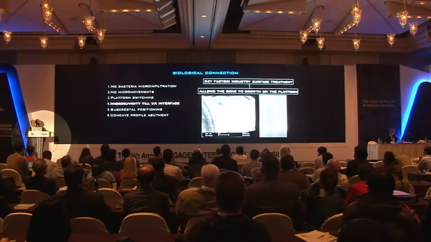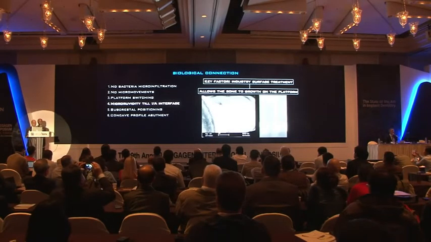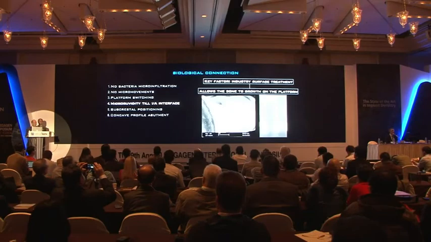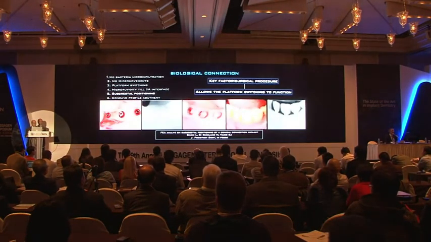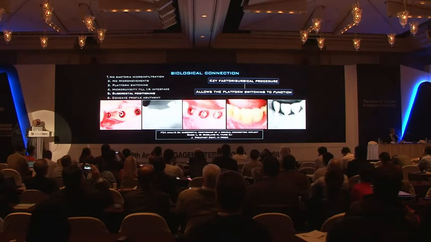The fourth point, important to allow the bone growth on the platform, is the micro-roughness till the implant abutment interface that is strictly related to the subcrestal positioning of the implant.